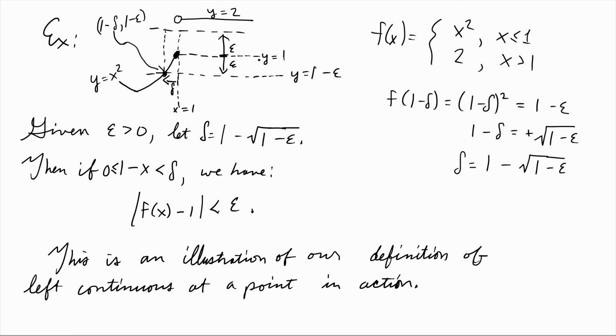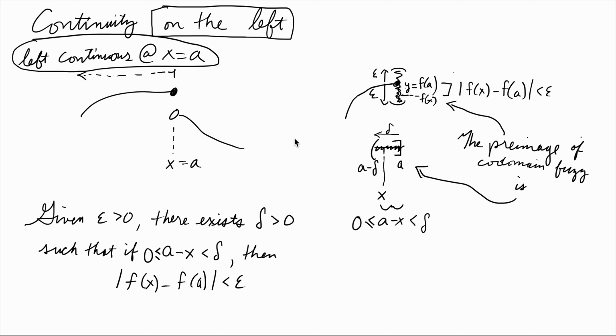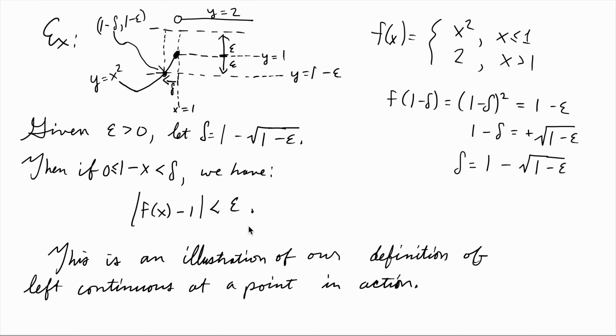Okay, so using our description then, given the codomain fuzz, we want to find the delta. Notice I'm finding it. That's how I'm going to show it exists. Because in the definition here, I said there exists some left fuzz, by saying there exists some delta distance I could use for that left fuzz. But here, let's actually verify that by showing that, yeah, the delta exists.